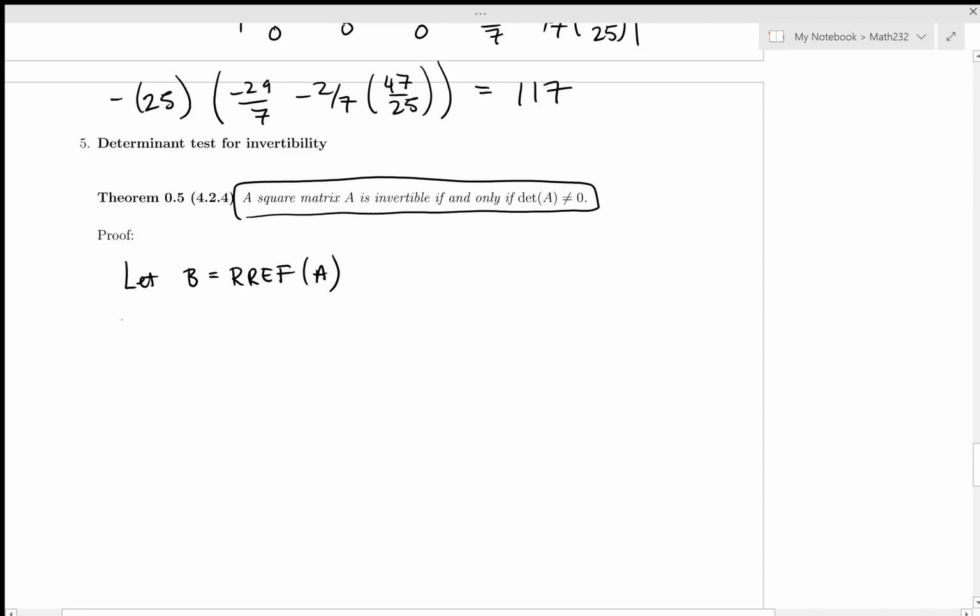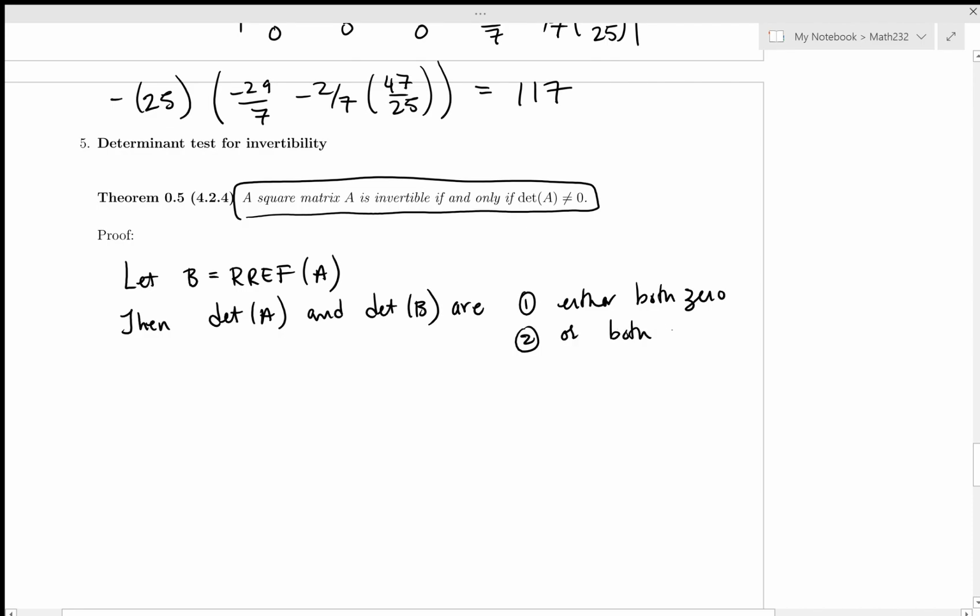Then we're going to make a statement: det A and det B are either both 0 or both non-zero. Because doing row operations on A, there's no introducing a 0. It's a minus sign if you switch rows. It's nothing if you do one row plus a multiple of the other one, and if you are multiplying through by something to get a number equal to 1, you're multiplying by a non-zero constant.